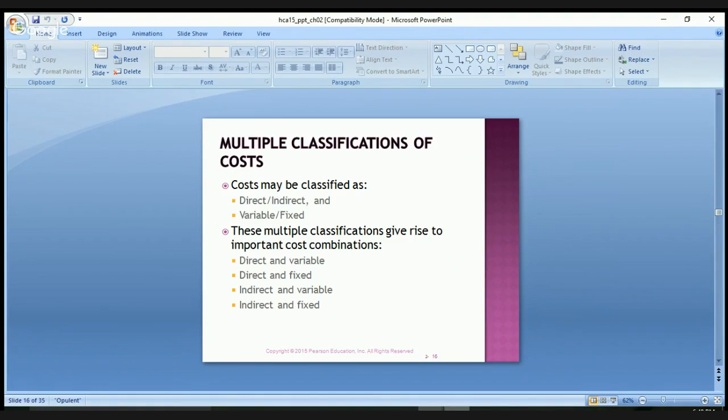It's direct because I can tie it directly to the truck, right? And it's variable because it's based on the number of vehicles I produce. What about direct and fixed? The tires are always going to be direct and variable.